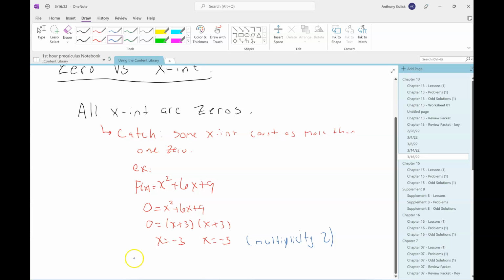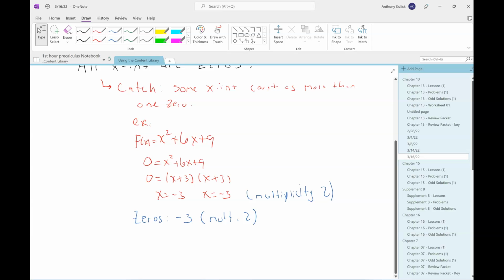So what we have is 2 zeros, those zeros being -3, which we're counting twice. But the x-intercept we have is just 1. Everybody's okay with that? So far, so good? Okay.